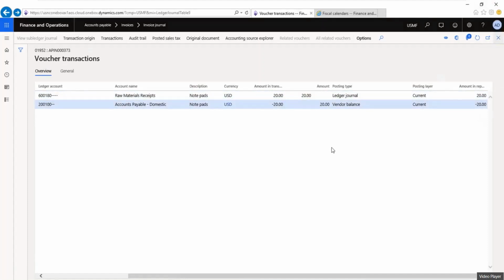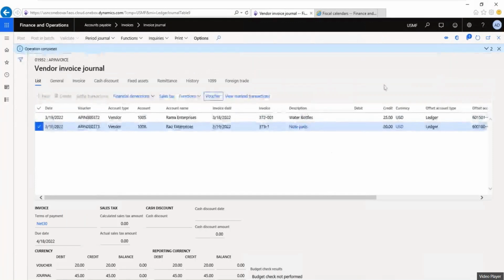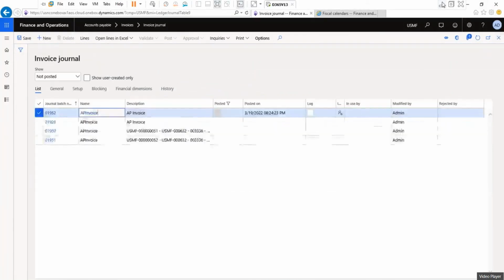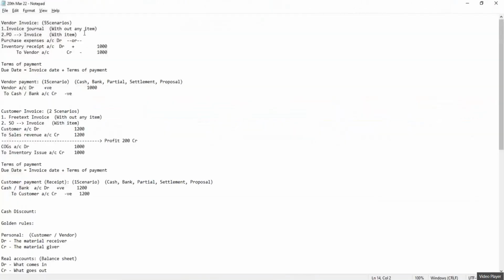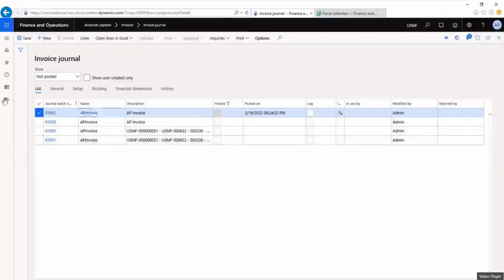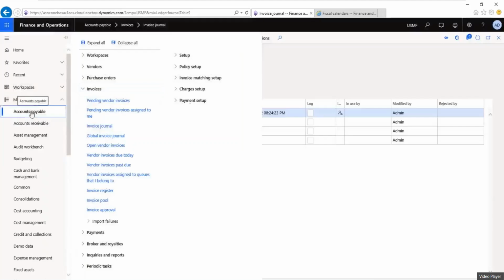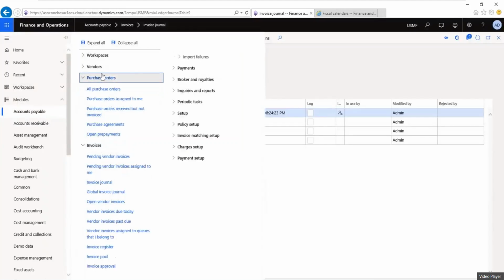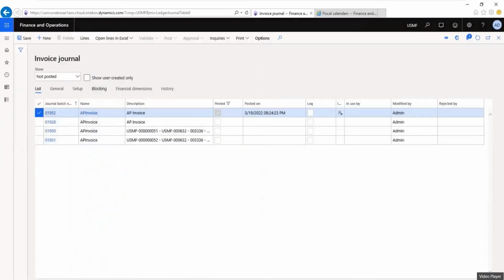Okay, this is the invoice journal. So we'll do vendor purchase order invoice. The first form we understood, the invoice journal. The next one is purchase order to invoice, that is accounts payable, purchase orders, all purchase orders.